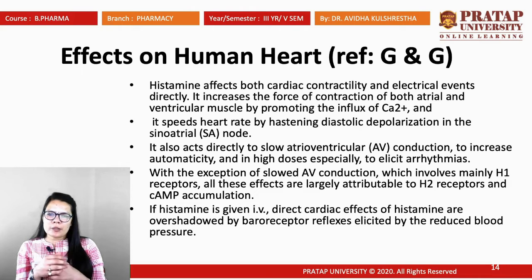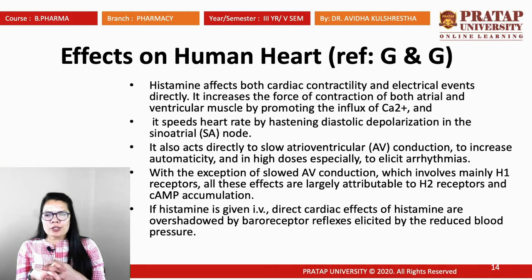It speeds the heart rate, hastening diastolic depolarization in the sinoatrial node. It also acts directly to slow AV conduction, increase automaticity, and at high doses especially to elicit arrhythmias.